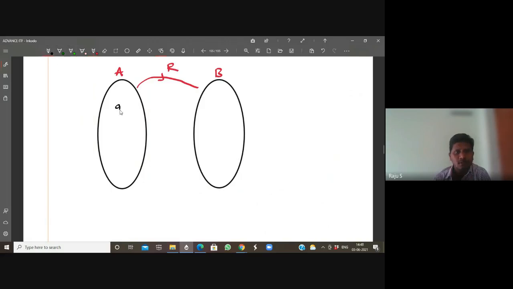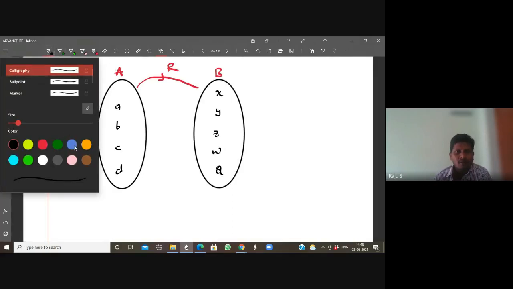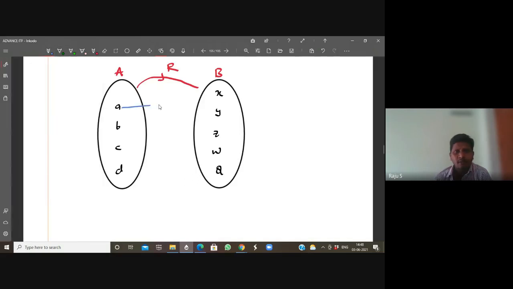I'm going to take here A, B, C, D, and here some X, Y, Z, W, Q. I'm going to map from A to B. A is mapped to X. B is mapped to Y. A is mapped again to Y. D is mapped to W. Now, this is a relation from A to B.